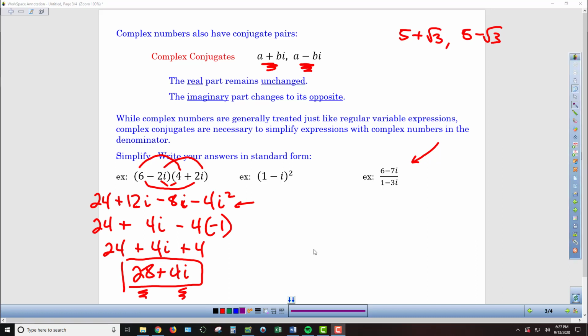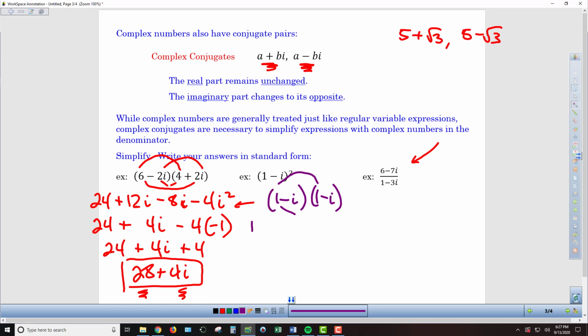For the middle one here, our standard FOIL rules apply. We cannot just square the individual pieces. We of course have to rewrite this as 1 minus i times 1 minus i and use our FOIL technique. So we've got our firsts, 1 times 1 is 1. Our outer and inner are both the same. We have a -i times 1, we have another -i times 1, so that's going to give us a -2i.